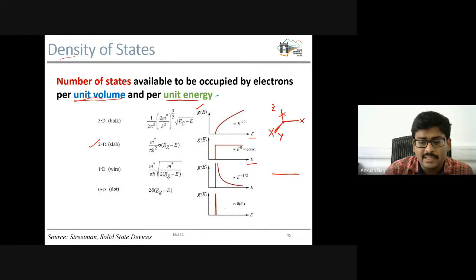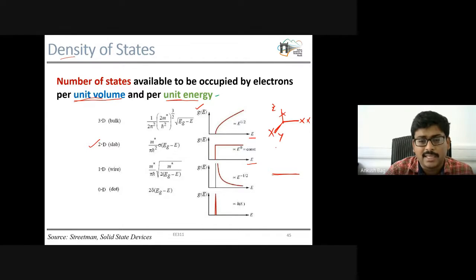Finally, we also have semiconductors which have no dimension. That is called a quantum dot. It has neither x, nor y, nor z. If you know quantum dots, you must have seen the advertisement by Samsung for the QLED, quantum dot LED TV.